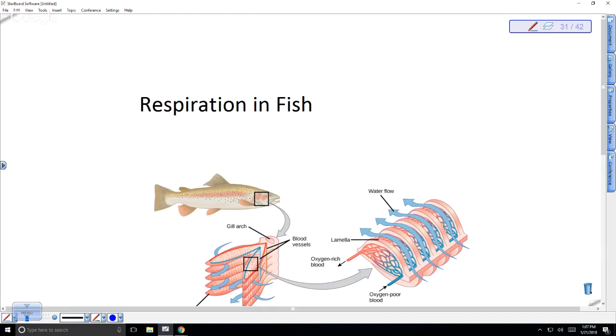Respiration in fish. And so when we were looking at the perch, remember that they had gills. So this is the bony fish. And what happens is that they have a gill covering called the operculum. And so they open their mouth and they close the operculum, which is the gill covering.